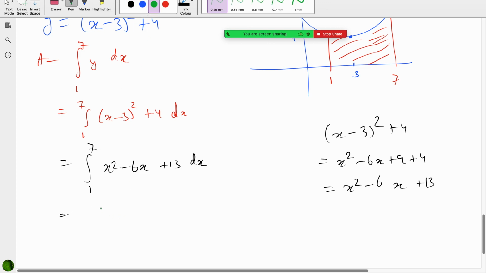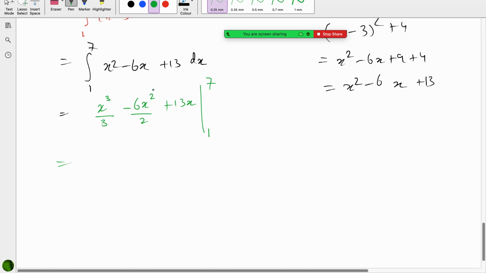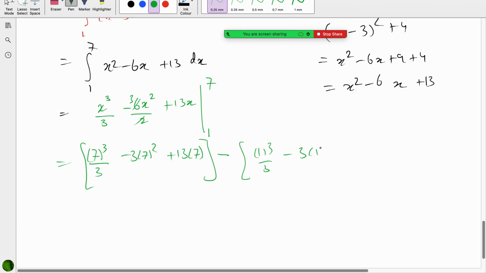When you integrate, power plus 1, 2 plus 1 becomes 3, divided by new power, minus 6x square divided by new power, plus 13x, and we are not writing c because it is a definite integral from 1 to 7. Now upper limit minus lower limit: 7 cube by 3, minus 3 into 7 square plus 13 into 7, minus lower limit 1 cube by 3 minus 3 into 1 plus 13 into 1.